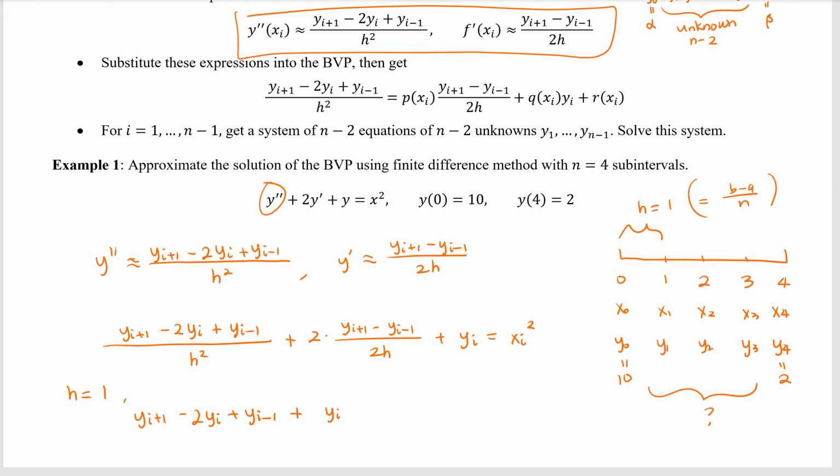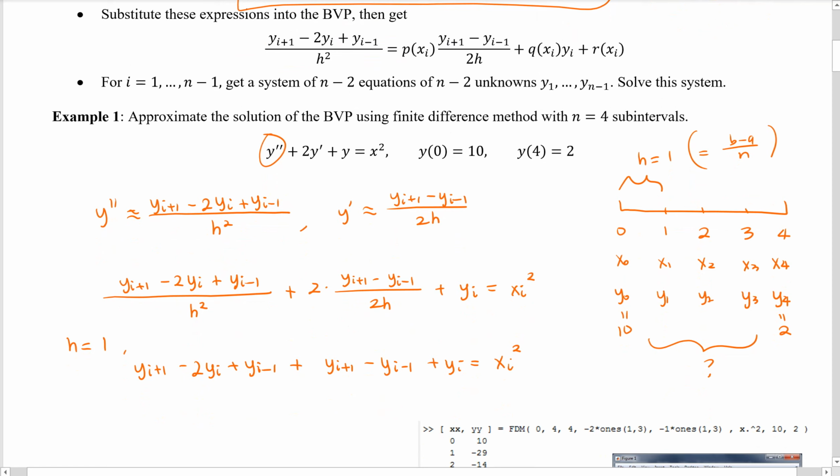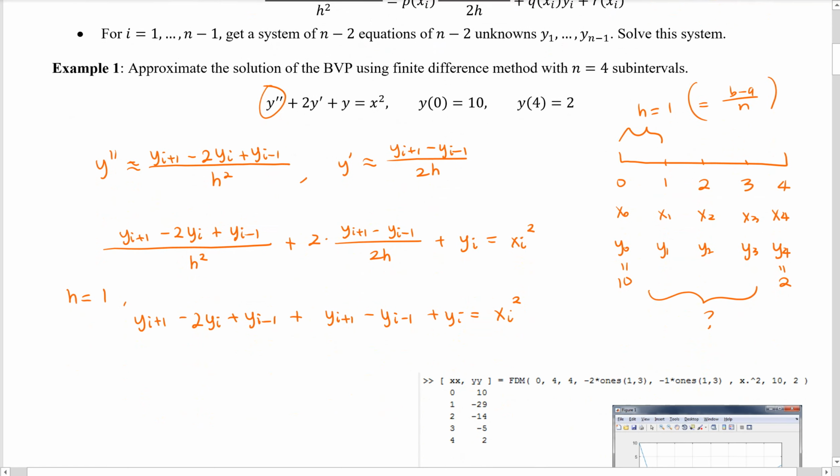So we just have yi plus 1 minus yi minus 1 plus yi equals xi squared. So we want to simplify so that on the left-hand side we have yi minus 1 and yi plus 1, and on the right-hand side, we have the constant terms or functions of x. Okay, so here, let's see.